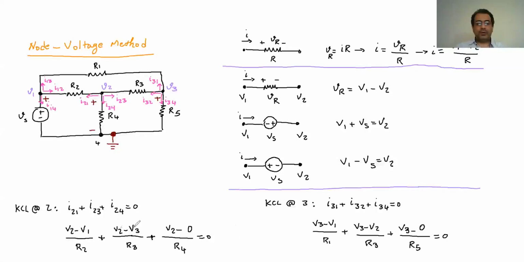If I find V1 and V2, then I can calculate the I21. After I find all the V's, I can go and find all the I's. So after all the voltages are known, all the currents are also going to be known.